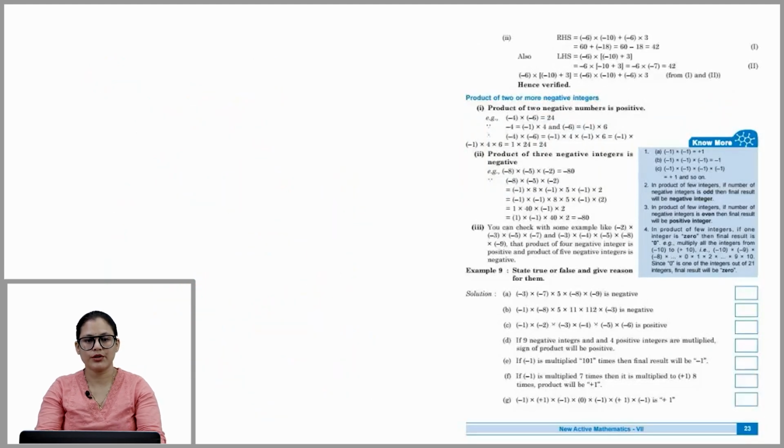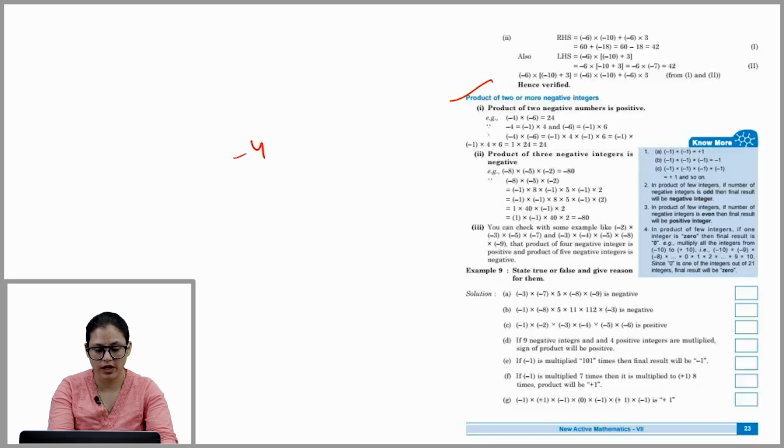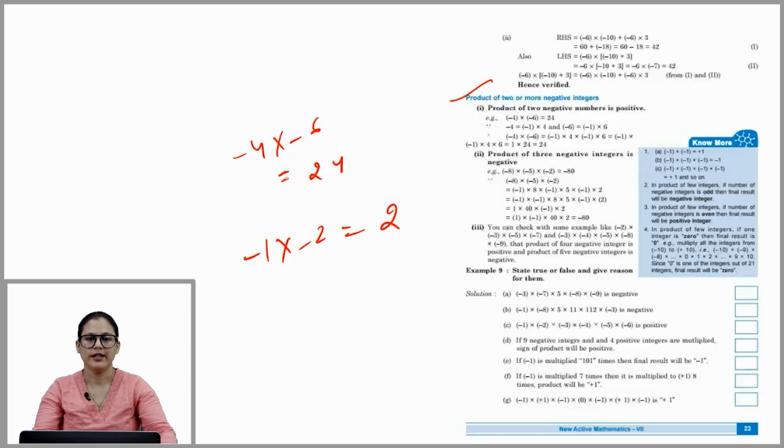Now, product of 2 or more negative integers. Number 1, product of 2 negative integers is positive, which you already know, because whenever you multiply 2 negative integers, the sign is similar, so the product will be positive. So -4 into -6 is 24, or -1 into -2 is equal to 2, right?